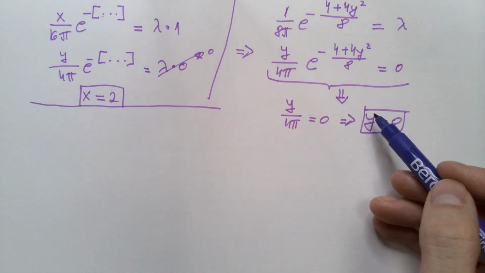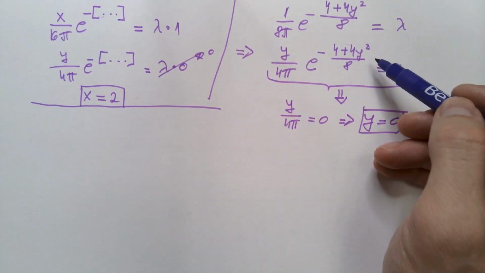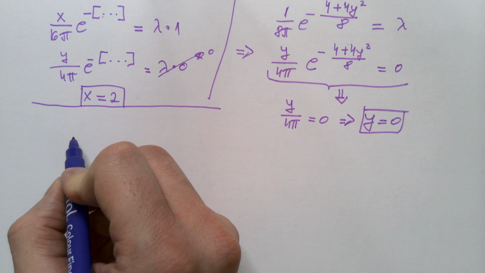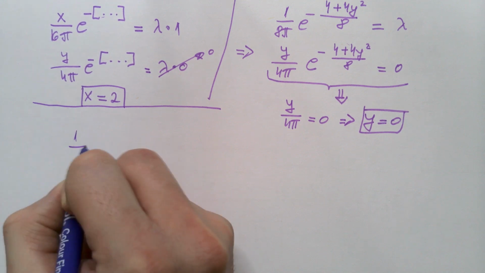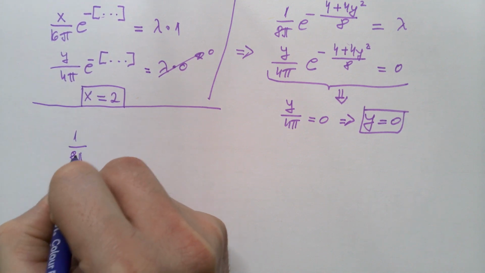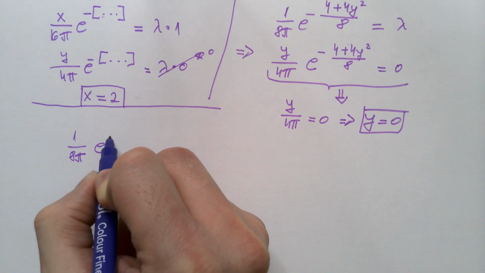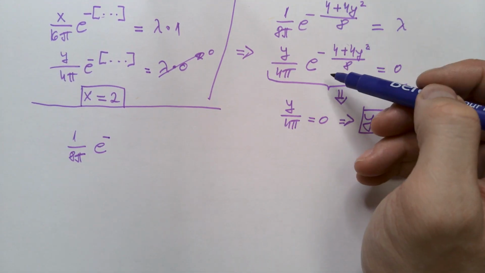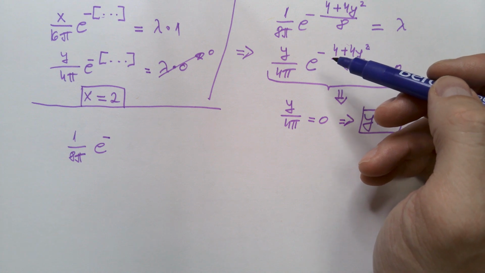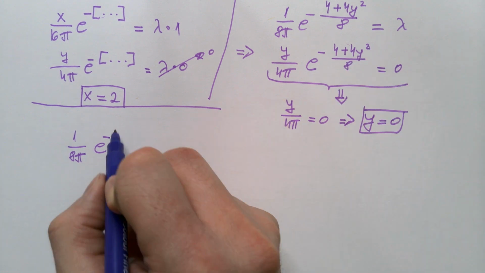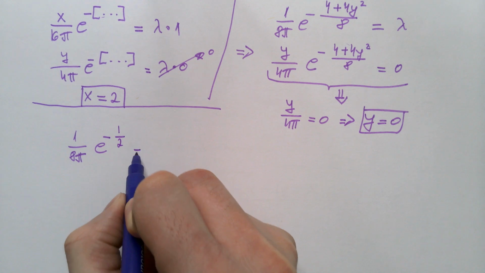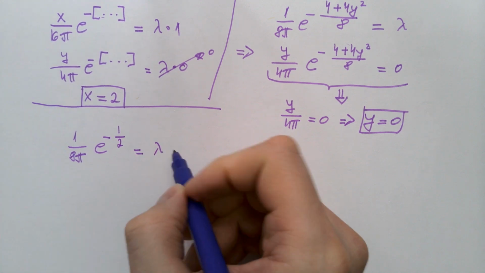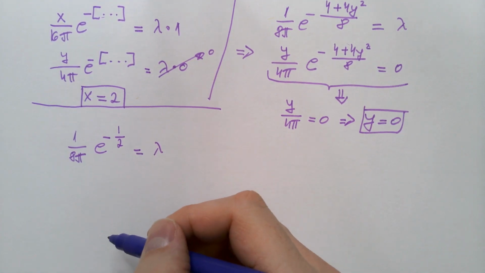We take these two values, we plug them into the first equation, and we get 1 divided by 8 pi e to negative y0, so this disappears, 4 divided by 8 should be 1 over 2, is equal to lambda. And basically this is now a solution for lambda.